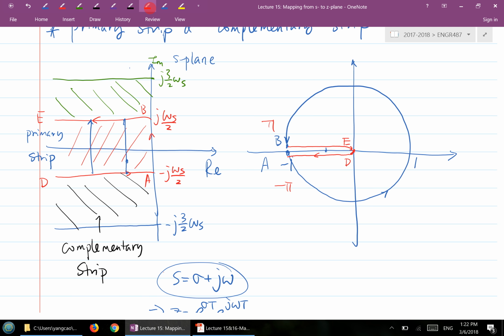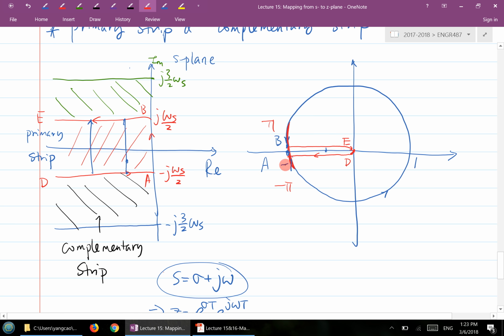It has to be the region around theta equal to positive and negative pi, right? Where is theta equal to positive negative pi? Here.